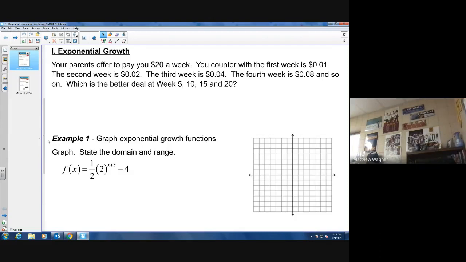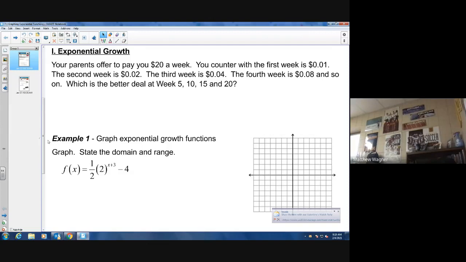So still, your parents are kind of riding high right now. This is a great deal for them. Week 10, you'd be given $20 for a total of $200 on option A. With that second option, they would have to give you $5.12 for a total of $10.23 up to that point. So still a pretty good deal for your parents.